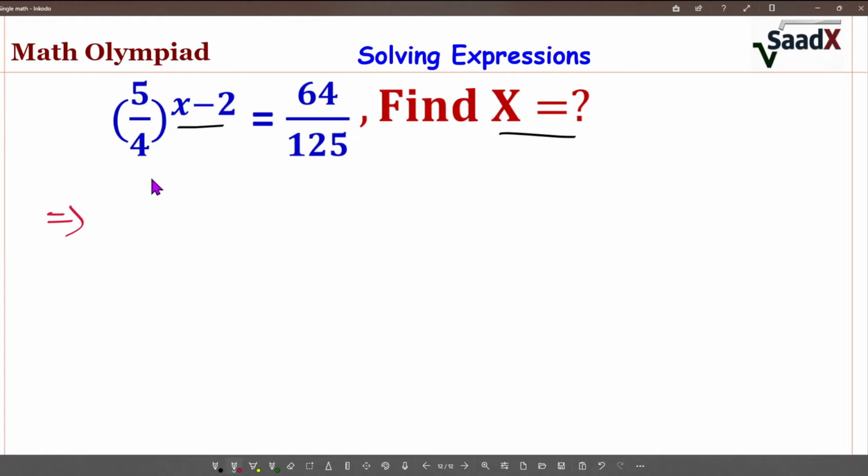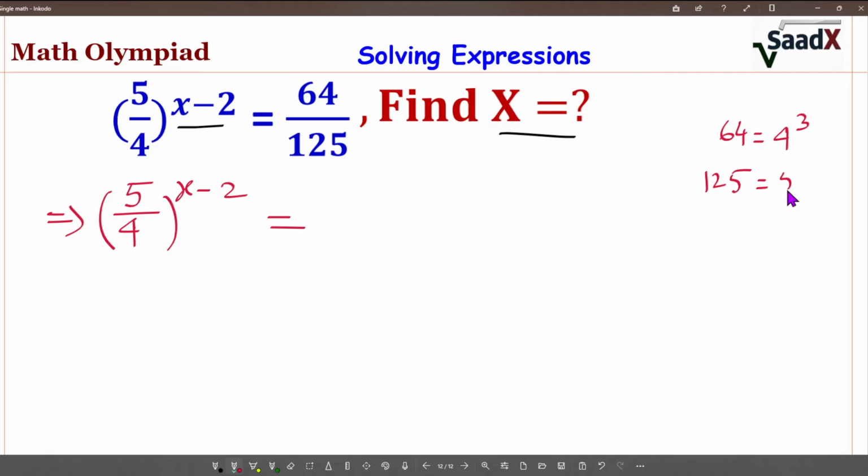Here is 5 by 4 to the power x minus 2 and this 64 by 125 we can make similar thing. Why? Look, 64 we can write 4 cube and 125 we can write 5 cube.